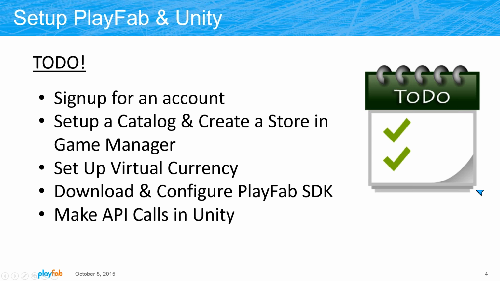So we're going to set up that store in the game manager as well, and I'm going to cover a little bit about what the game manager is. As well, we're going to set up virtual currency. Then we're going to download and configure PlayFab and import the SDK in, and then we're going to start making our API calls into PlayFab. So let's go ahead and get started with that.